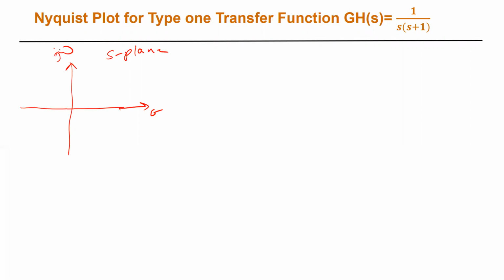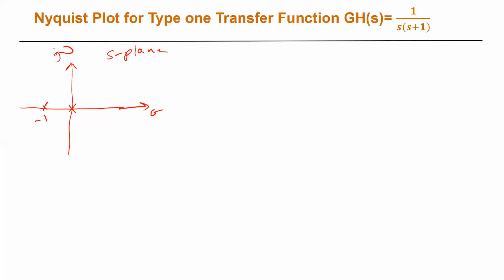Where are the locations of the poles in this system? In this case, how many poles do I have? 2 poles, 0 and -1. Yes. Now let me take my Nyquist contour.